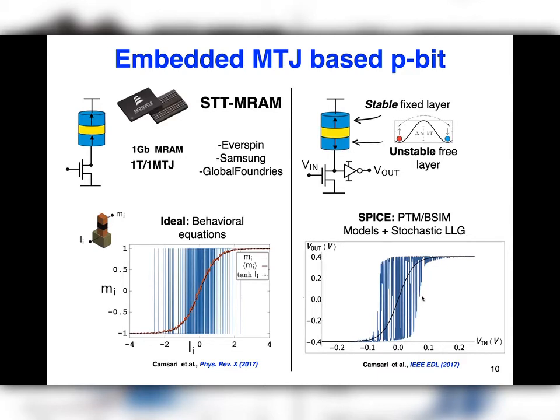It's a little bit like the mean field idea, if you're familiar with how that works in Monte Carlo simulations. These fluctuations are a function of how well you design the inverter and how well the MTJ is fluctuating between the two resistance states. With a moderate parameter selection, it can look a little more like the ideal equations, and it doesn't have to be completely ideal when you go to system-level simulations.